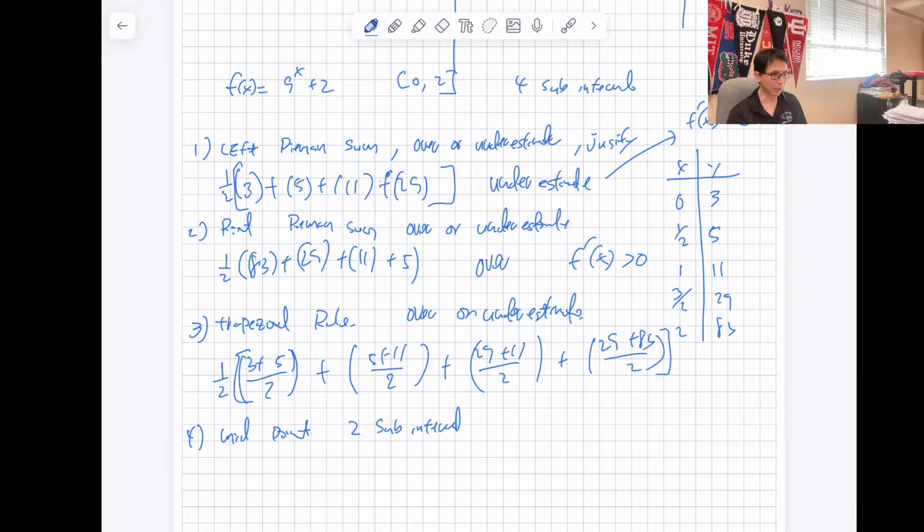But it's going to distribute to all of them, so it's going to be the height of each trapezoid times the average of the bases.